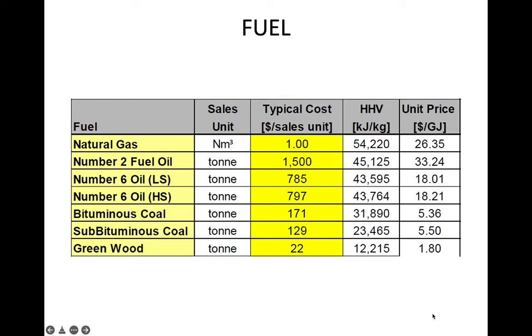And then the other one is sub-bituminous coal. This is coal that has a caloric value or net heating value of about 23,465 kilojoule per kilogram, maybe around 4,000 up until 5,000 kilocalorie per kilogram.